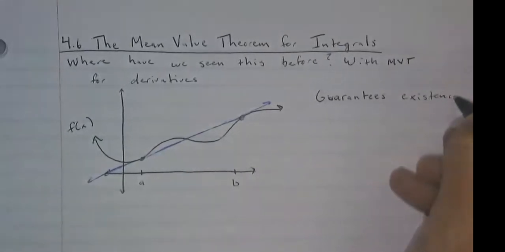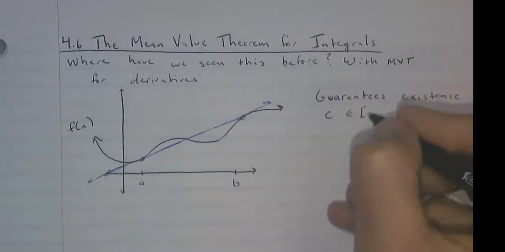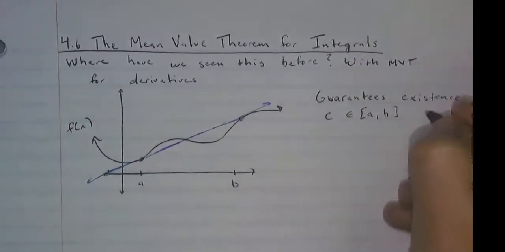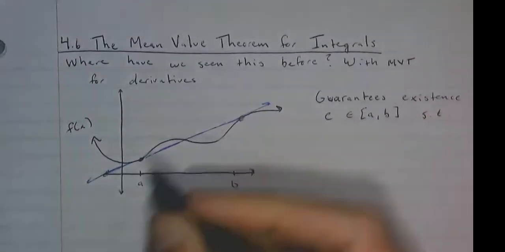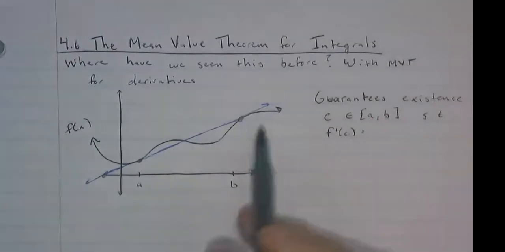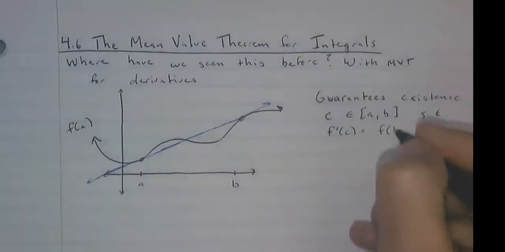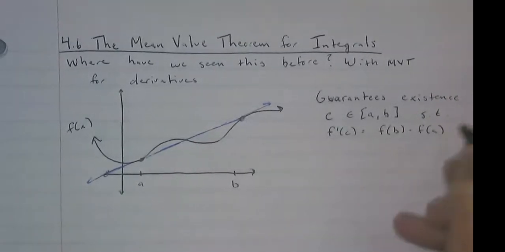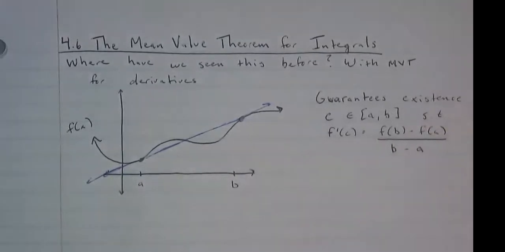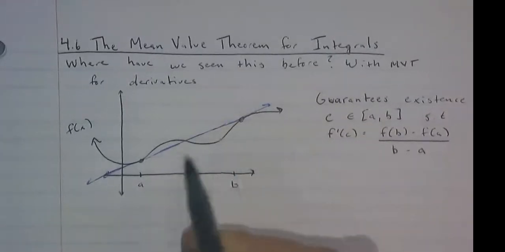Guarantees existence of C inside this interval from A to B such that the derivative at C is equal to the slope of this line, which will be given by f of B minus f of A divided by B minus A. And it looks like there would actually be maybe 2 on this interval.